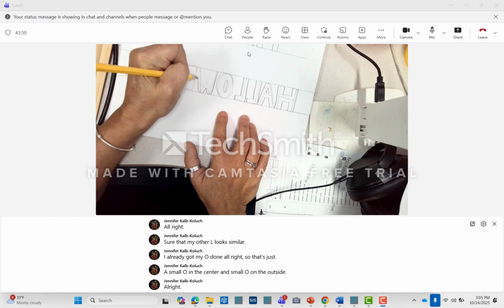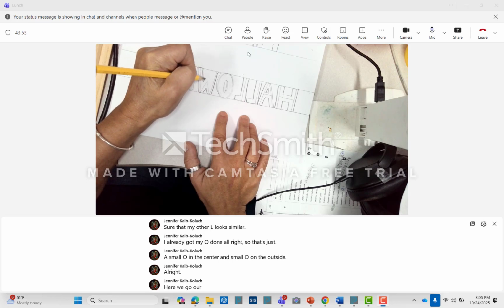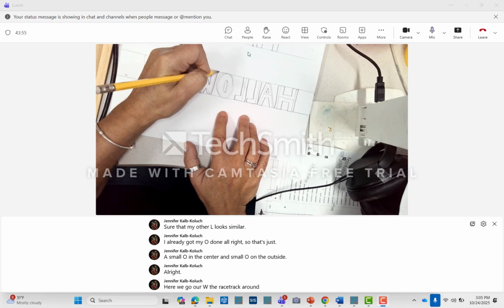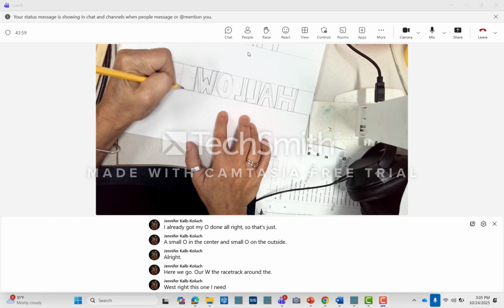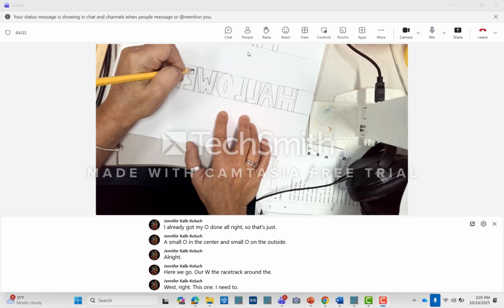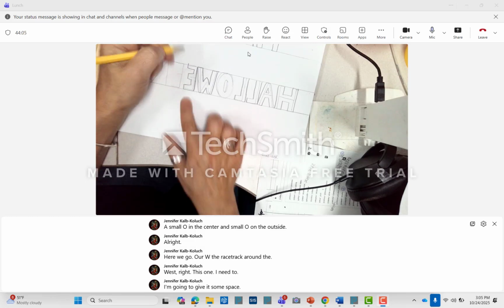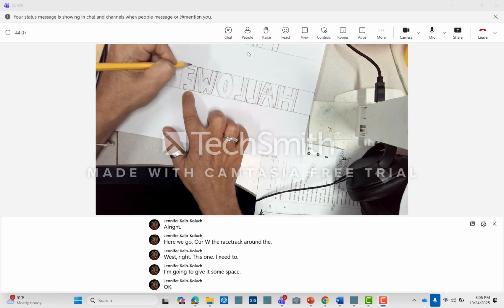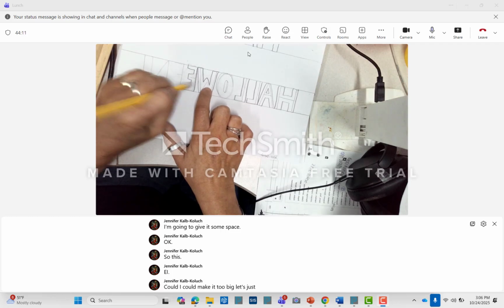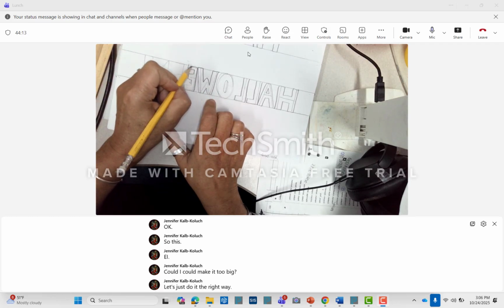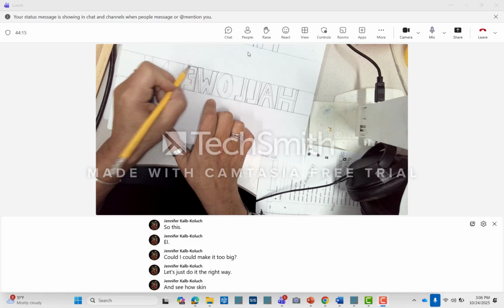All right, here we go, our W, the racetrack around the W. All right, this one I'm going to give it some space. Okay, so this E, I could make it too big. Let's just do it the right way. And see how skinny this little part is?